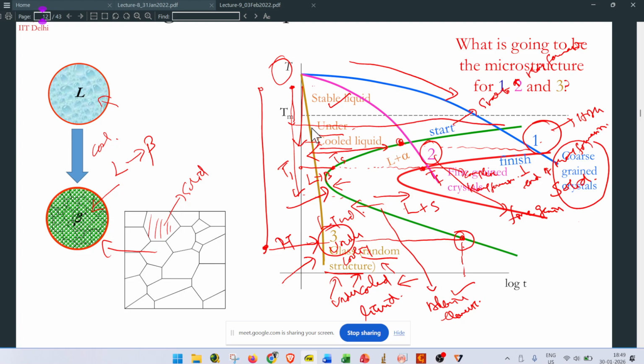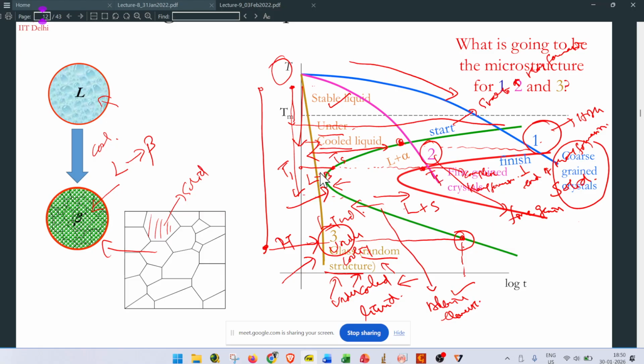Suppose it is entirely liquid and has to convert entirely into the solid phase. It will not transfer immediately into solid phase; there will be a liquid plus solid region, the transition region. In this transition region, the nucleation starts to take place. That nucleation will start to grow and completely form a solid. You understand, right? This is transforming from this green line to this finish line.